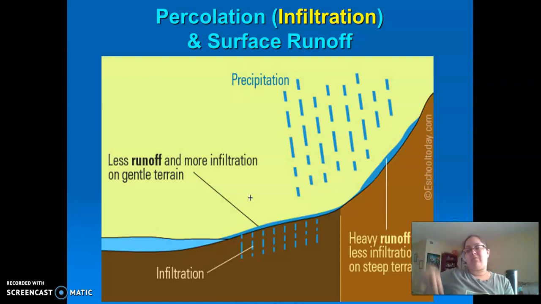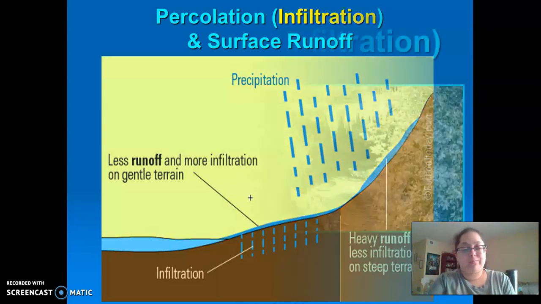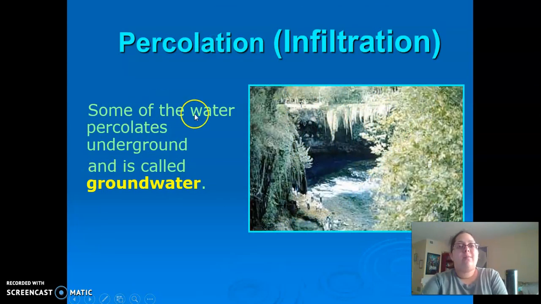It doesn't have time to soak into the ground as much. Okay, but in gentle terrain, where it's just a light slope or flat ground, the water has time to seep into the ground, so we get less runoff, more infiltration.